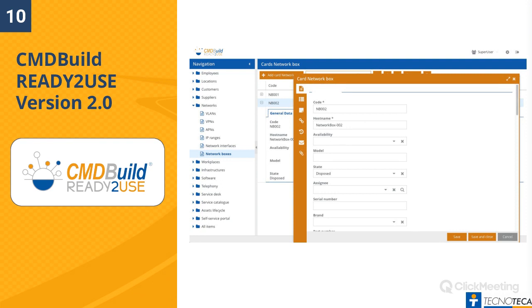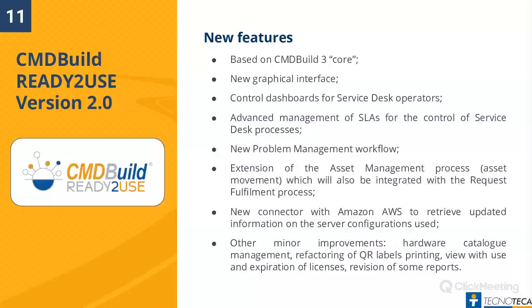Again, we are going to have a specific webinar on CMDBuild ready to use 2.0 as well as OpenMAINT 2.0. The interface of CMDBuild ready to use 2.0 will look like this. It will definitely inherit all the new graphical elements of CMDBuild 3.0, and OpenMAINT will do the same.